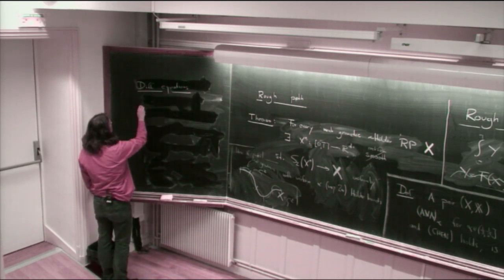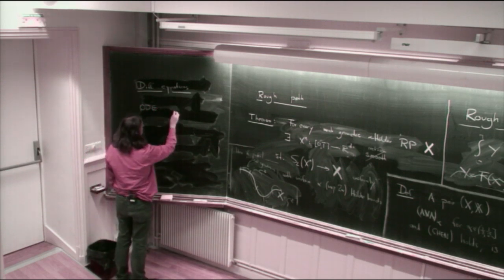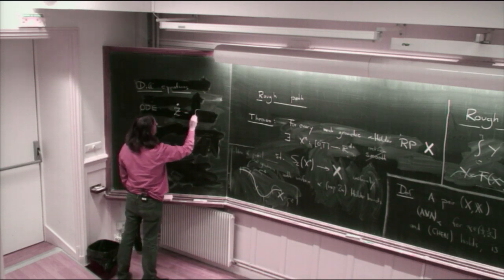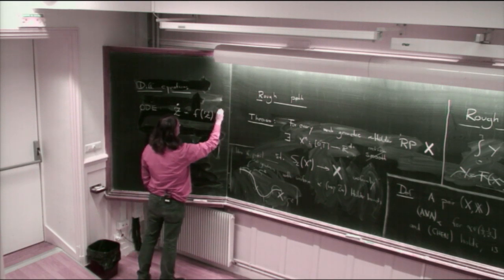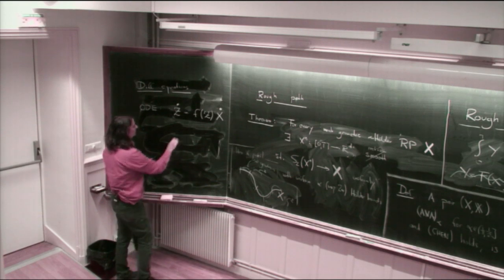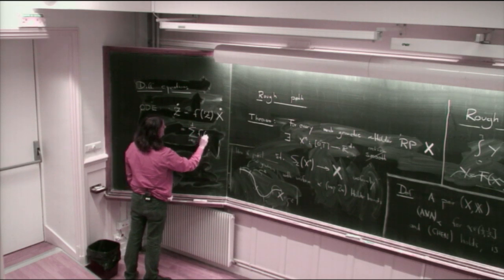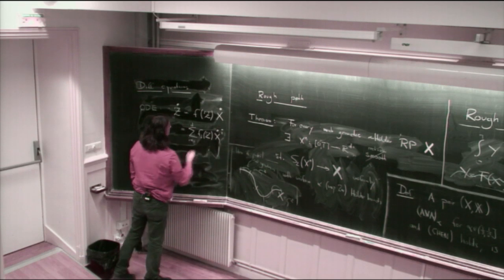We're looking at an ODE which has the form z dot equals f of z times x dot. Now everything is multidimensional, so you should really think of this as the sum of f_i of z times x dot i, right?